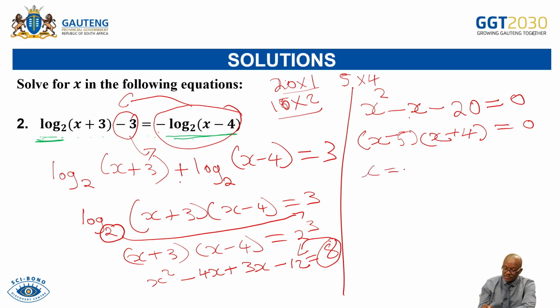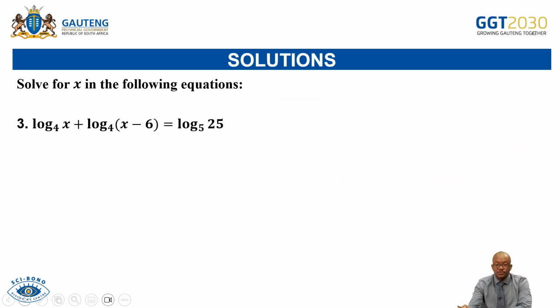So x is going to be positive 5, or x is going to be negative 4. Those are the two numbers. Then you will substitute them so that you can test which one is going to be suitable for this solution.